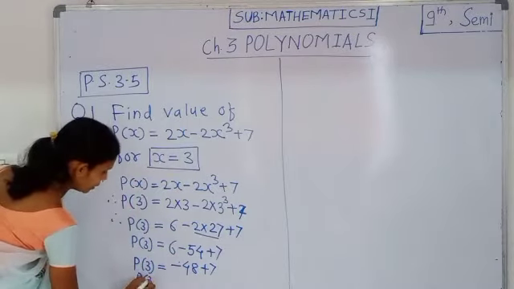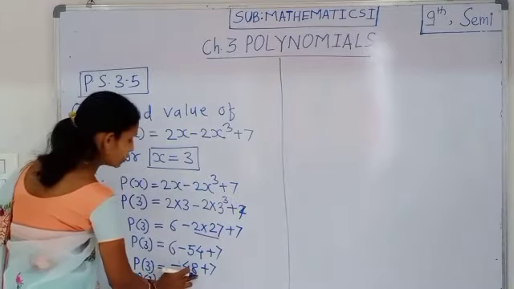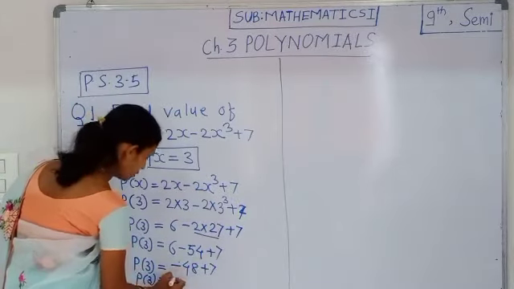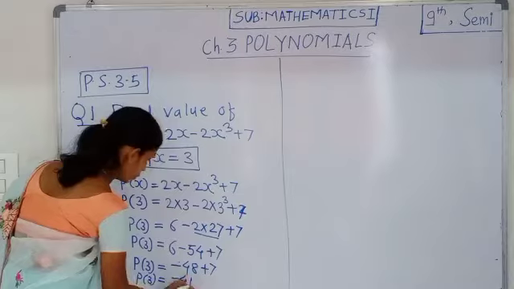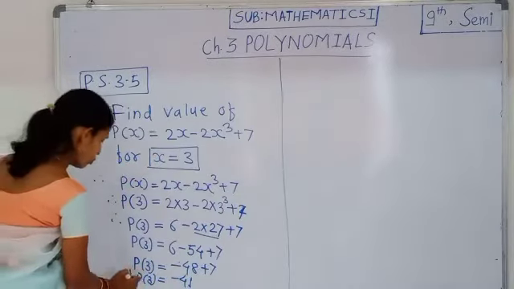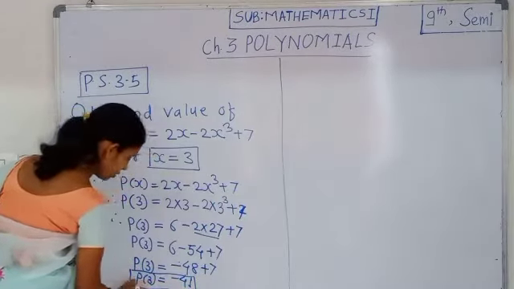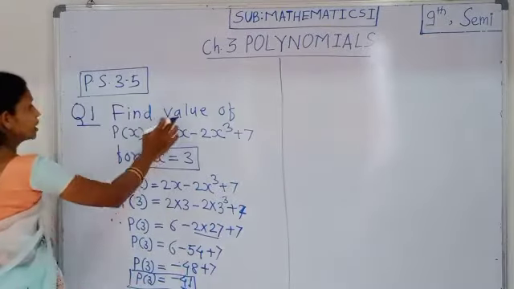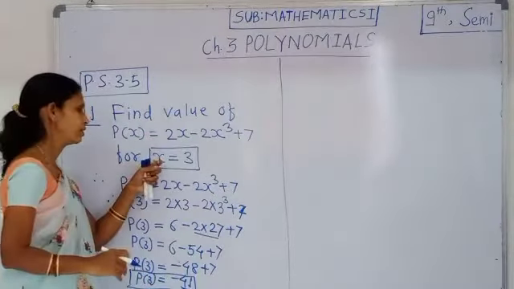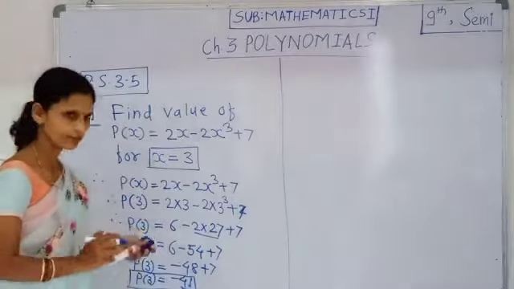Therefore p(3) equals minus 48 plus 7, that is minus 41. So minus 41 is the value of this polynomial for x equals 3.